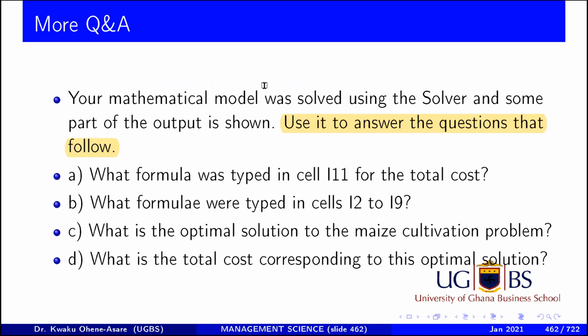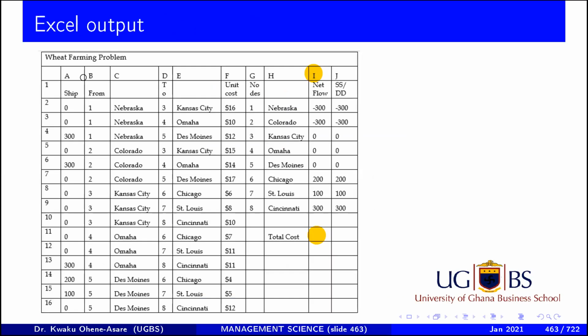Now, let's go back to the answer. When you look at this, where is the 16? This is the 16. This is the 10, and the 12. Those are the objective coefficients, the cost objective coefficients.